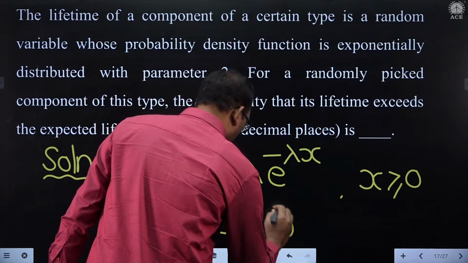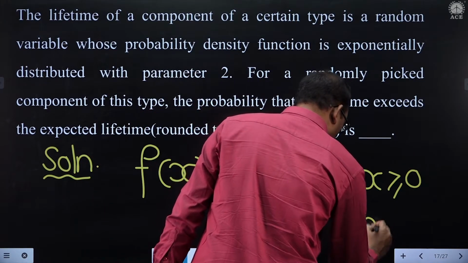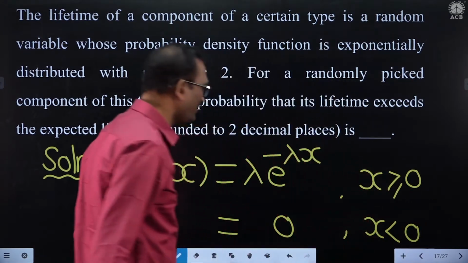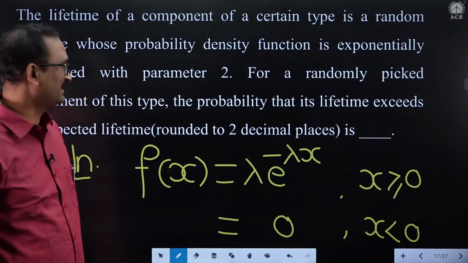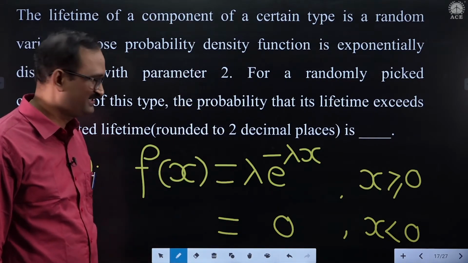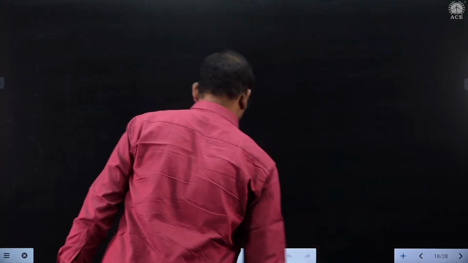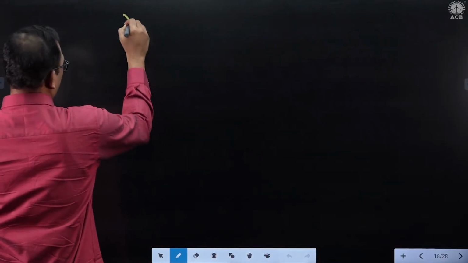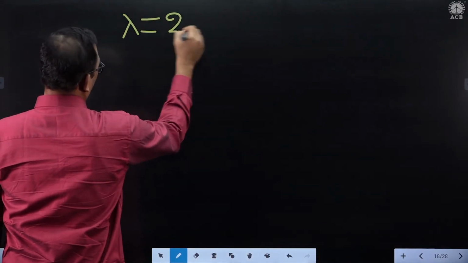If time is negative, the probability is 0. Here lambda is the parameter. They said the parameter is 2, therefore lambda is given to be 2.